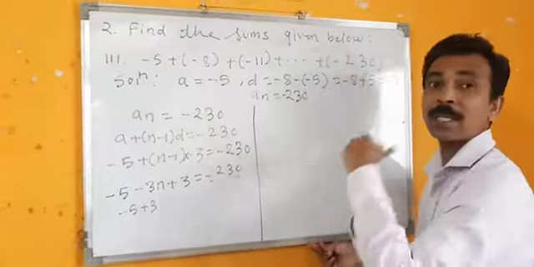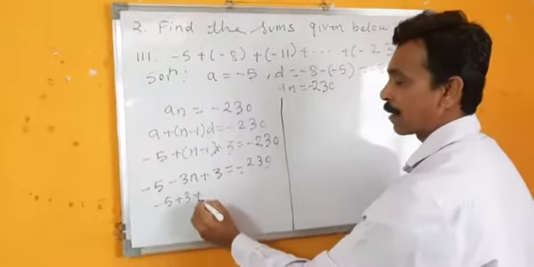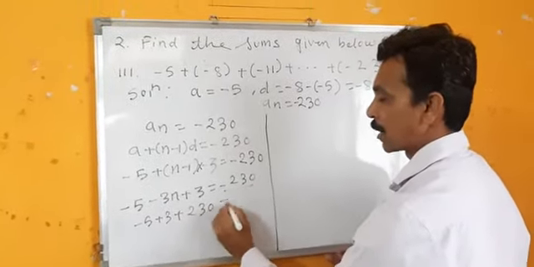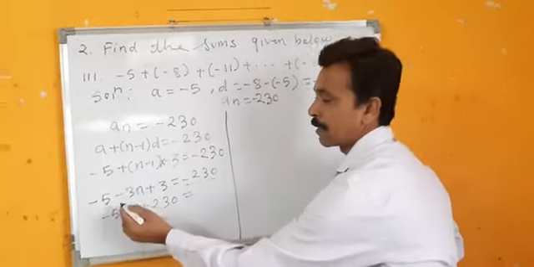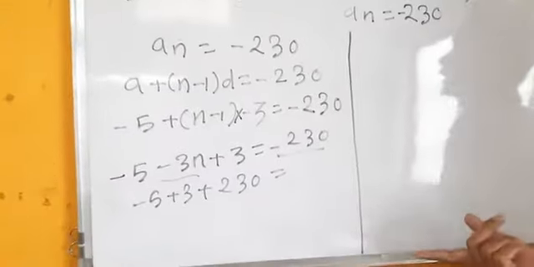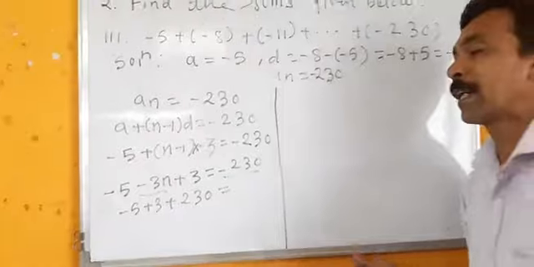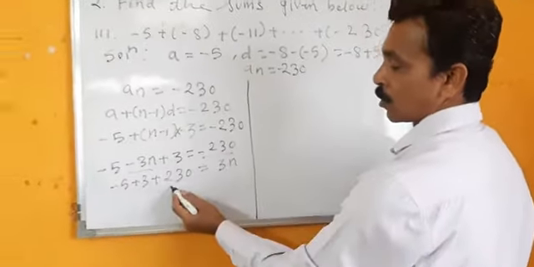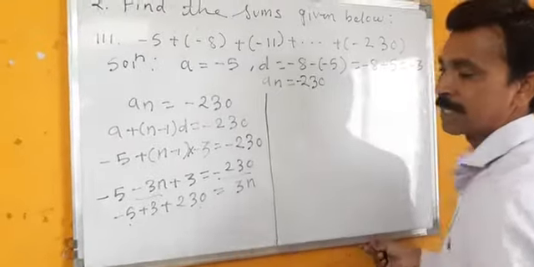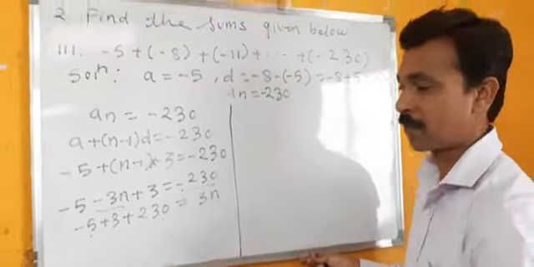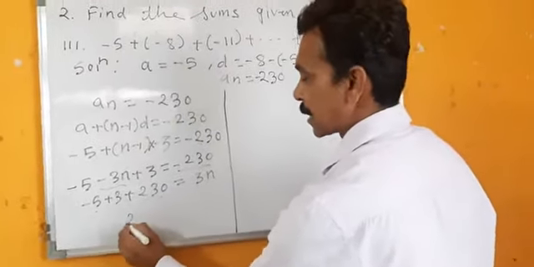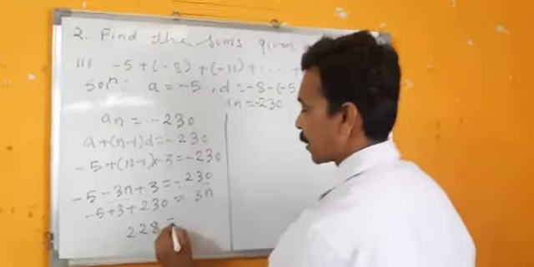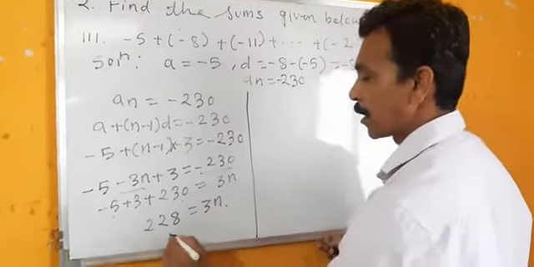This minus 230 will shift to the left hand side and become plus 230. And minus 3n will go to the right hand side. It becomes 3n. 230 minus 5 is 225. And 225 plus 3 is 228, is equal to 3n.